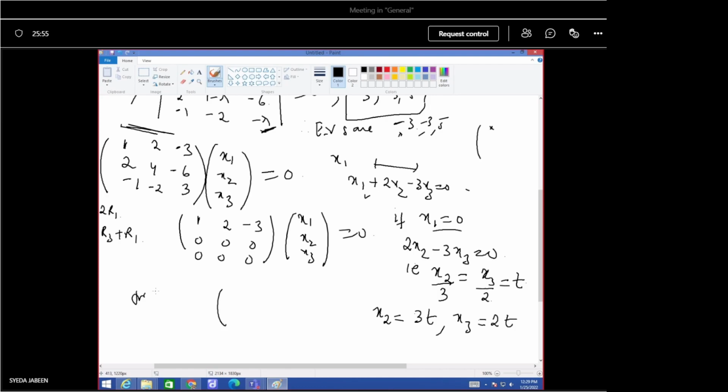For lambda is equal to -3, you have the eigenvector x as 0, 3t and 2t for any t. You cannot take t as 0. If you take 0, then it will become the zero solution. Okay? It should be a non-zero solution, for any t not equal to 0.